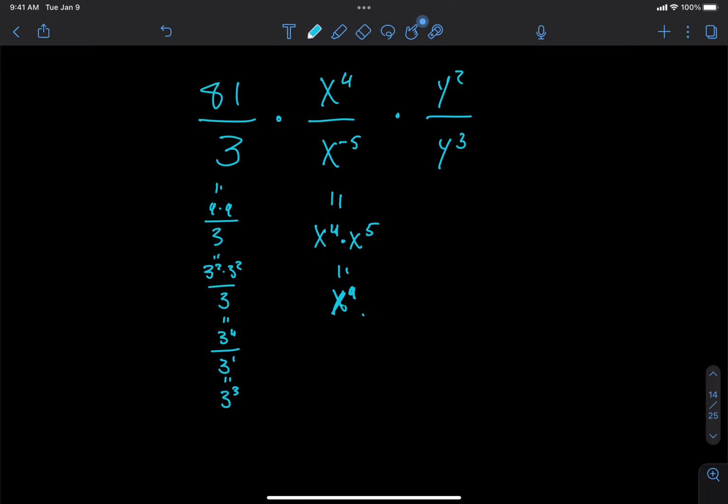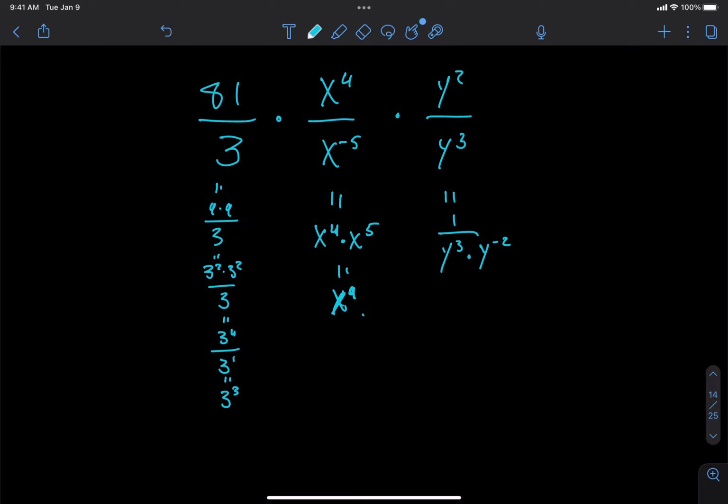So in the end, if we want only positive powers, we need to rewrite this by bringing the y squared down to the denominator, so this is the same as 1 over y cubed times y to the negative 2. And now I can rewrite this using the sum rule, which says that y cubed times y to the negative 2 would be the same as y to the 3 plus negative 2.